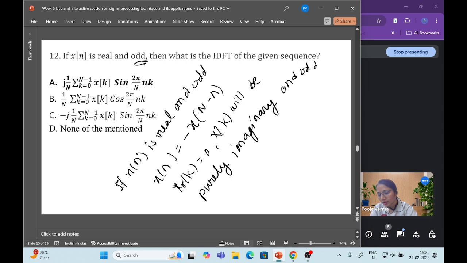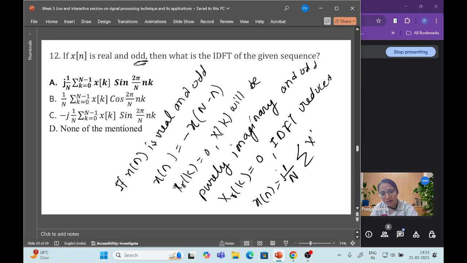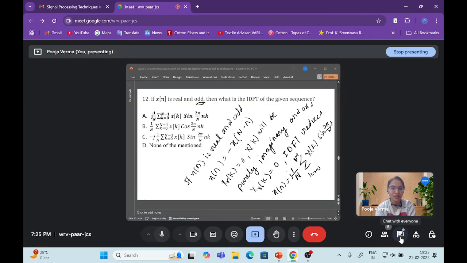Here the real part reduces to 0 and the IDFT reduces to 1 by N, because it is IDFT, into j X of k sine 2 pi by N k n, where k varies 0 to N minus 1. In that PPT also you can see there are four parts.